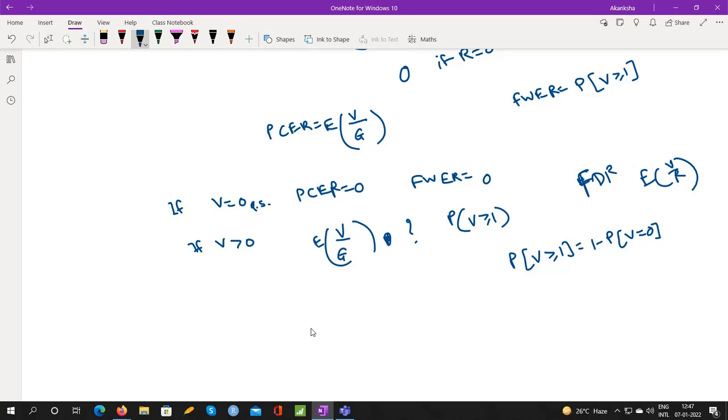Ma'am, probability of V greater than or equal to 1, can we think of it in terms of Markov inequality? Okay, tell me. What do you want to write? Is less than or equal to expectation of V by 1. Okay. So probability of V greater than or equal to 1 is less than or equal to expectation of V. Fine.